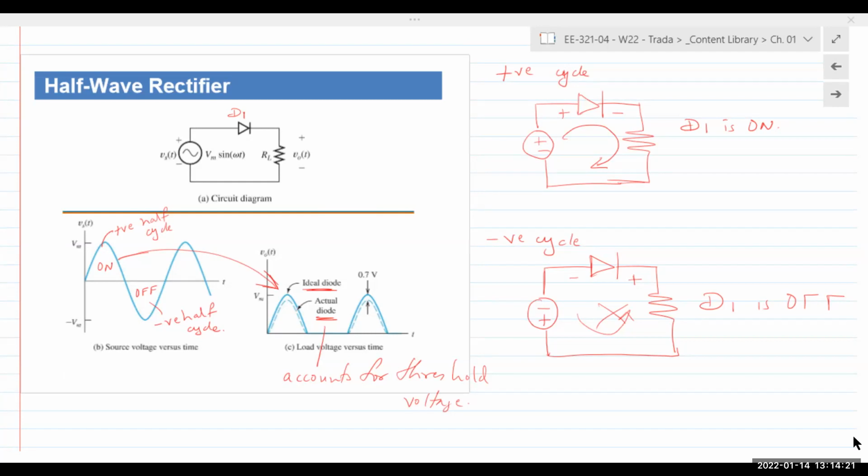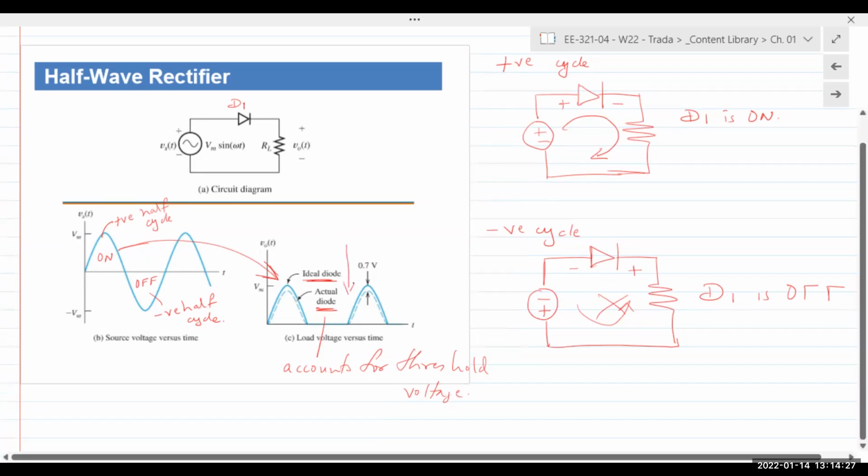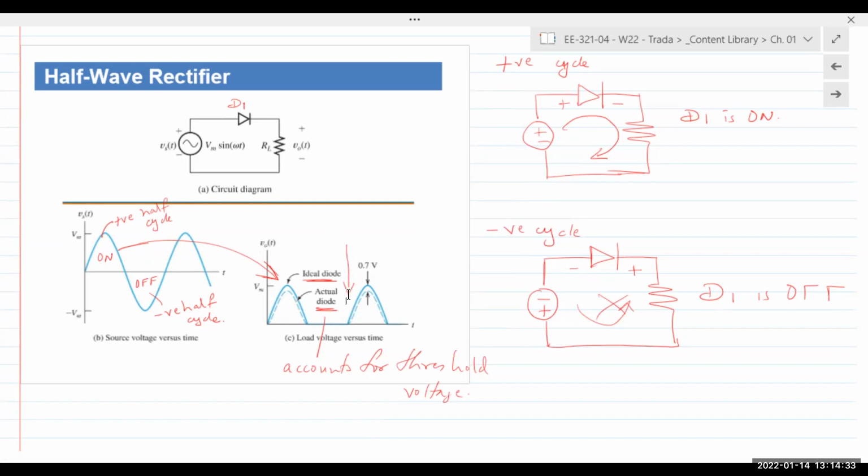Now the obvious disadvantage here was there's a missing piece right here, because it's empty. There's no output during that time frame.